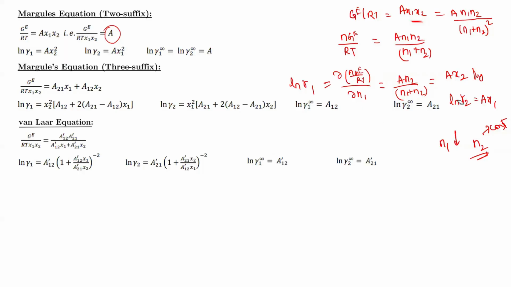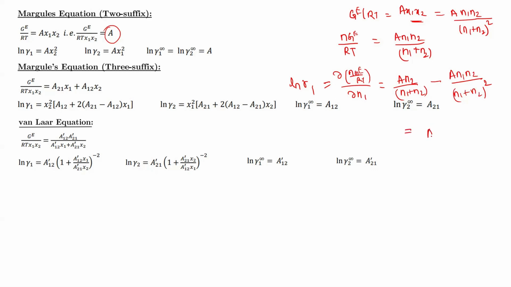Sorry, I missed one thing here. I didn't differentiate the denominator here. So A X2, this is 1. We have differentiated this N1 plus N2, then later minus A N1 N2 by N1 plus N2 whole square. I think this differentiation is correct now.